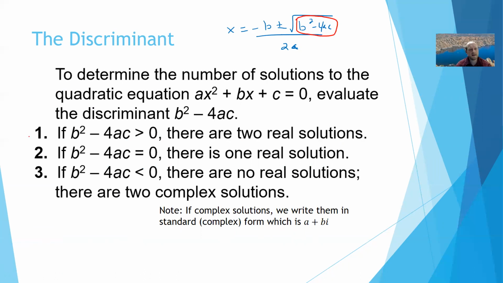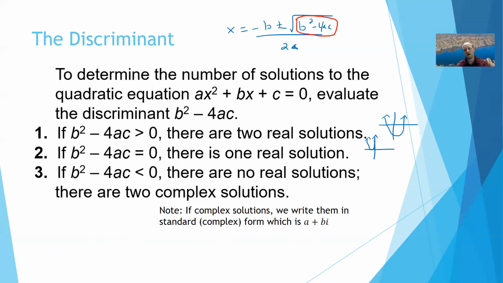So if that ends up being positive, if it's greater than 0, we know that there are two real solutions. And what would a quadratic look like that has two real solutions? It would look like this. If our discriminant equals 0, there's going to be one real solution, and that graph looks like this.